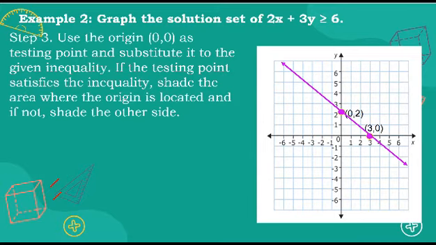For step 3, use the origin (0, 0) as the testing point and substitute it to the given inequality. If the testing point satisfies the inequality, shade the area where the origin is located, and if not, shade the other side. So, substituting 0 to x and 0 to y, we have 2(0) + 3(0) ≥ 6. So, we have 0 ≥ 6. Is 0 greater than or equal to 6?